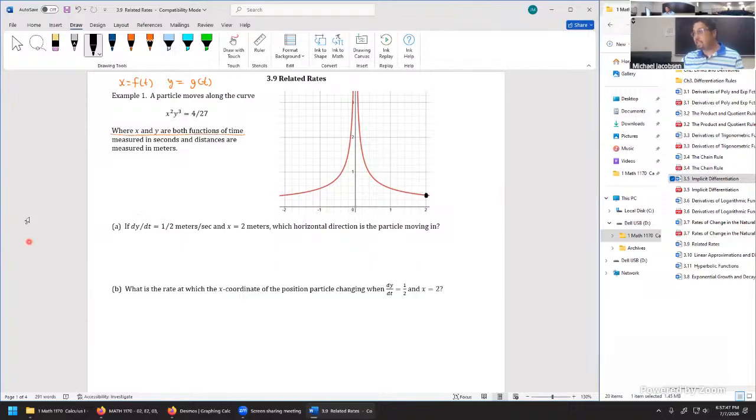If we're told that dy dt is 1/2 meters per second, we can then conclude dy dt greater than 0 means the particle, according to the y direction alone, is moving upwards. So if the y coordinate has a positive derivative, it means it's not losing altitude, it's going up.